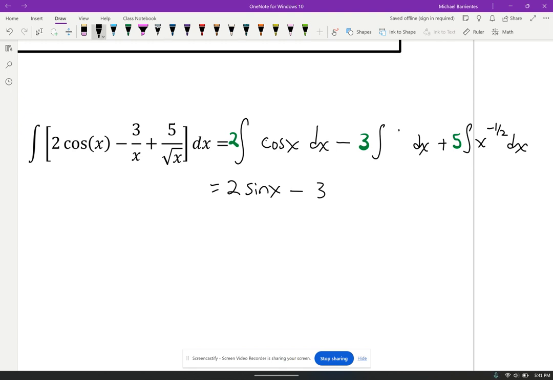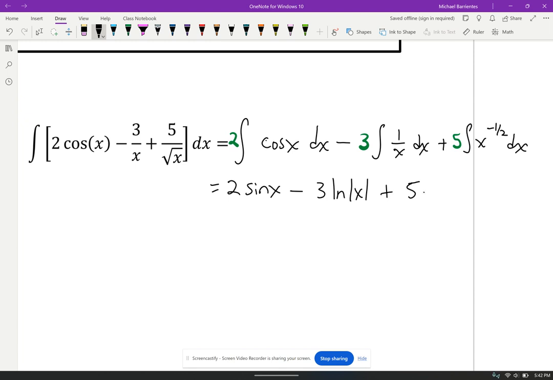It said that if it's 1 over x, this is the natural log of the absolute value of x. Remember, the derivative of the natural log is 1 over x. Oh, that's what I had here, 3 over x. 1 over x, then it's just the natural log. So I can't use the reverse power rule in that one situation because then I'd be dividing by 0. So I just have to remember that 1 over x is the natural log of x.